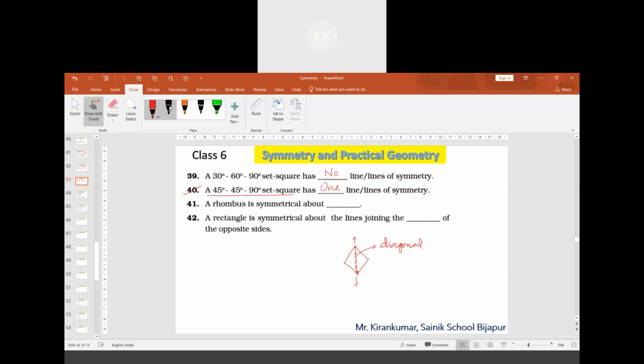When I consider one more diagonal, it is a line segment joining these two opposite vertices. Here also there can be a line of symmetry. So there will be two diagonals and the rhombus will be symmetrical about its diagonals. Diagonal means a line segment joining two opposite vertices.